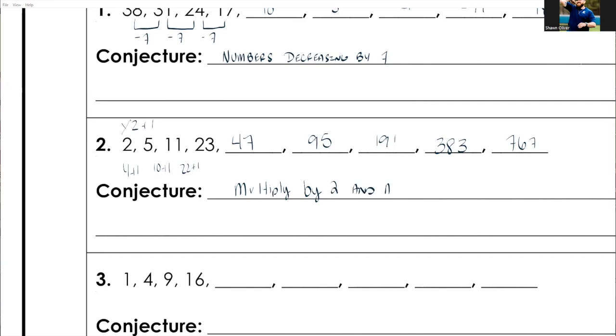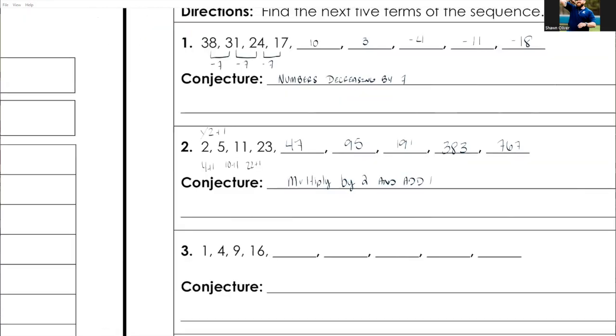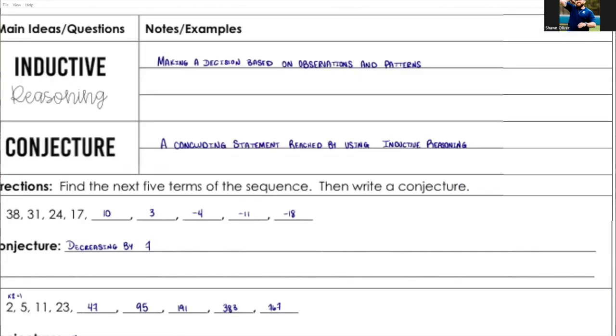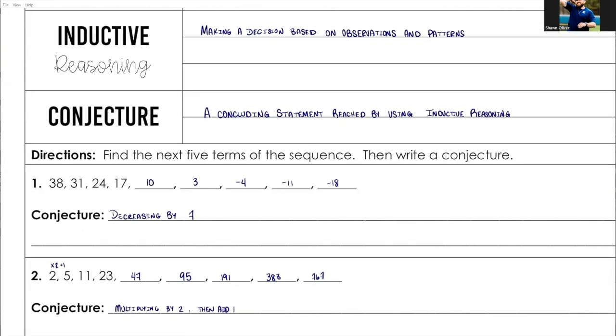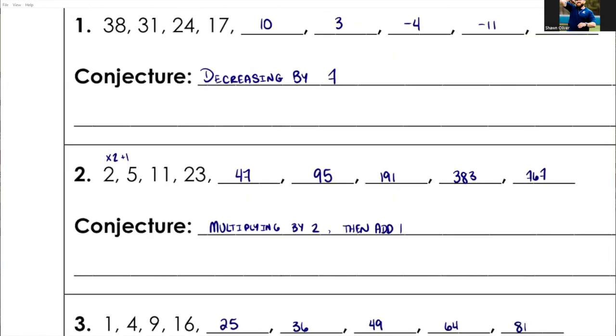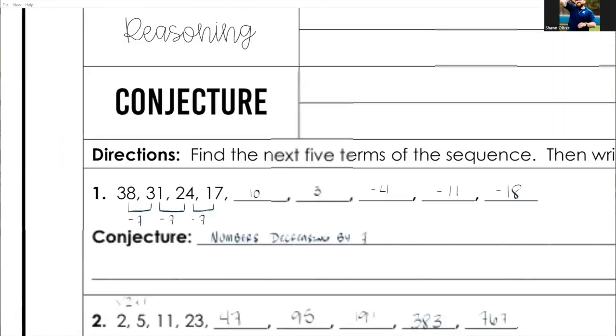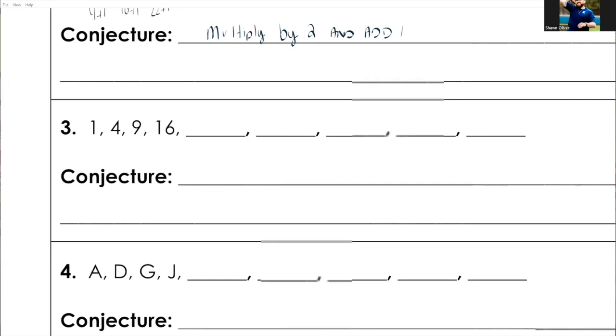Anybody else see a different conjecture? Nothing stands out. Let's see what I put on the other one. Multiply by 2, add 1. Look at that. This is a good one.